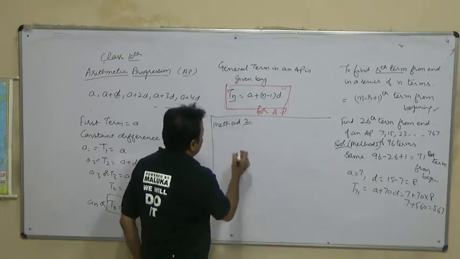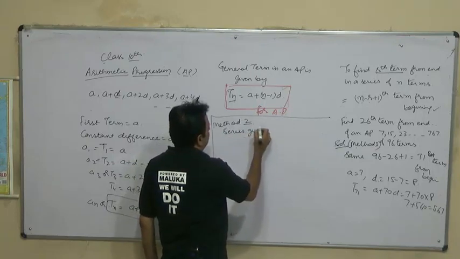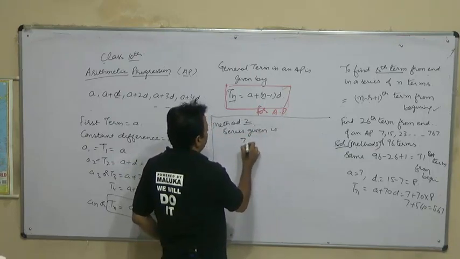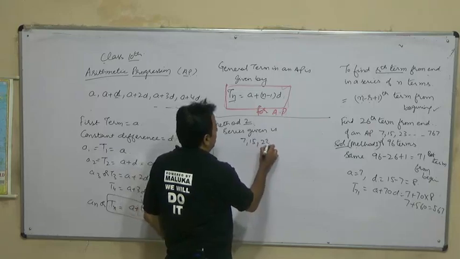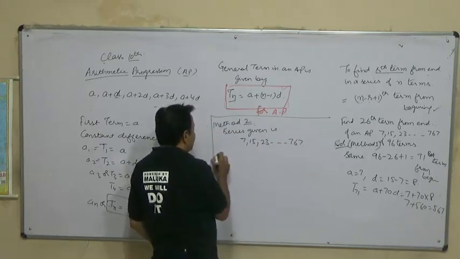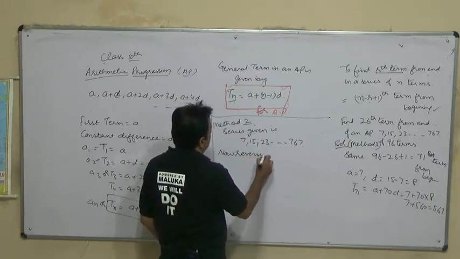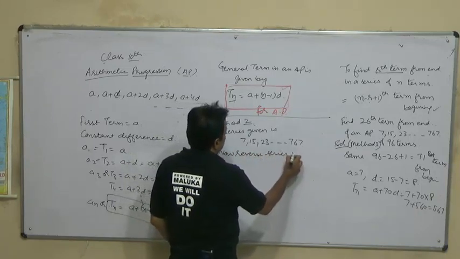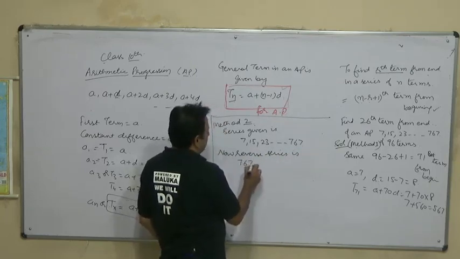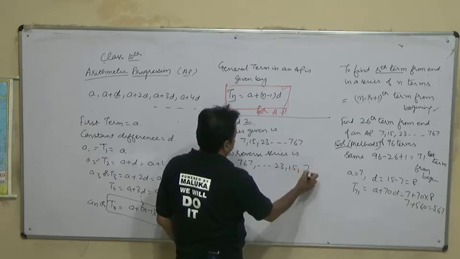So the series given is 7, 15, 23, up to 767. Now the reverse series is 767 and so on, 23, 15, 7.